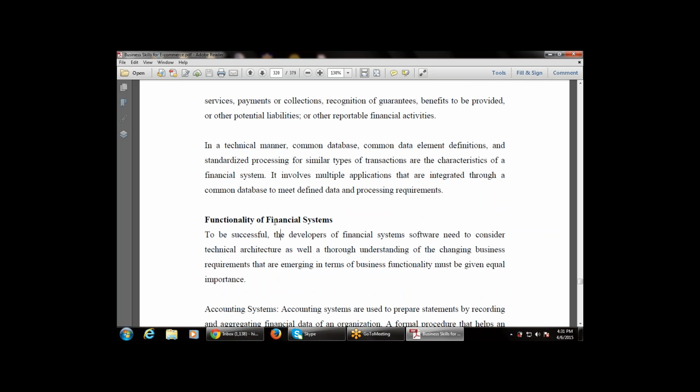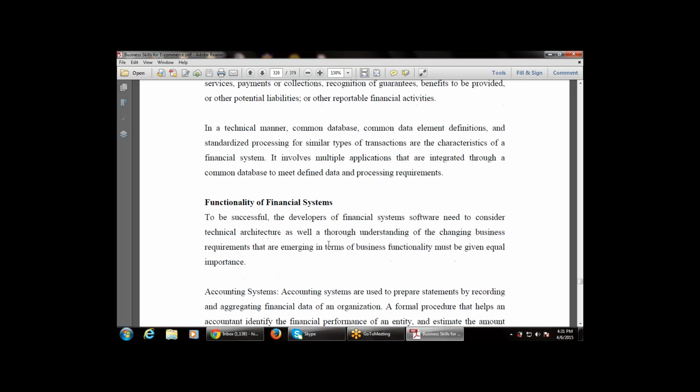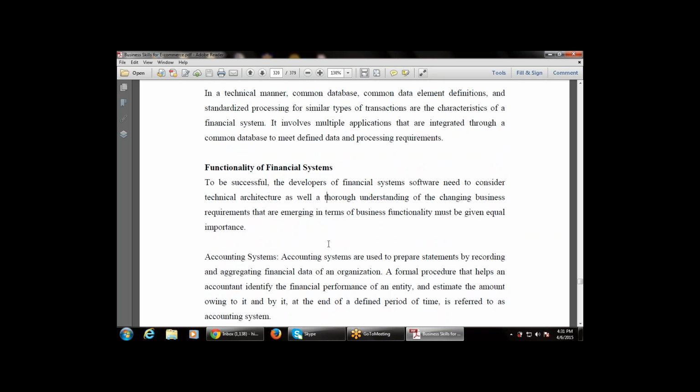Next is the functionality of a financial system. That is, what is the functioning of a financial system? To be successful, the developers of financial system software need to consider the technical architecture as well as a thorough understanding of the changing business requirements.